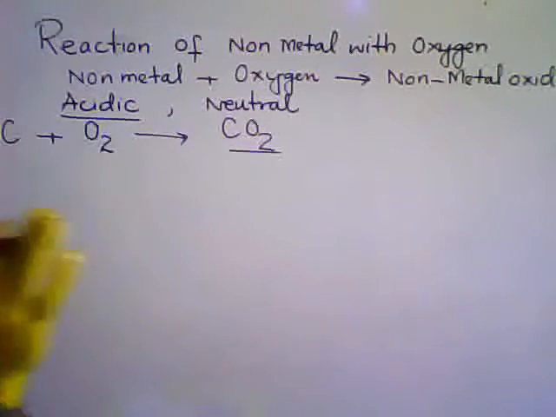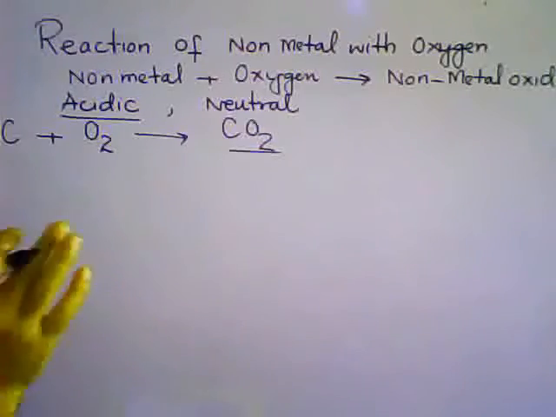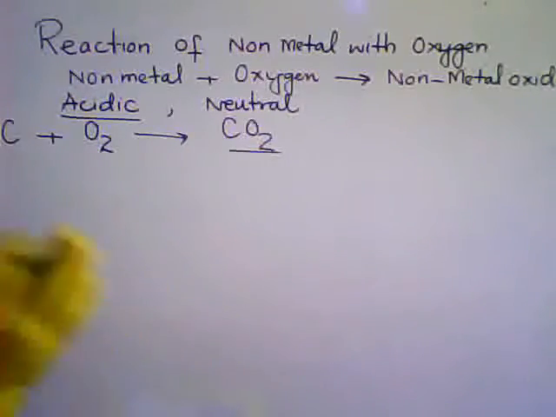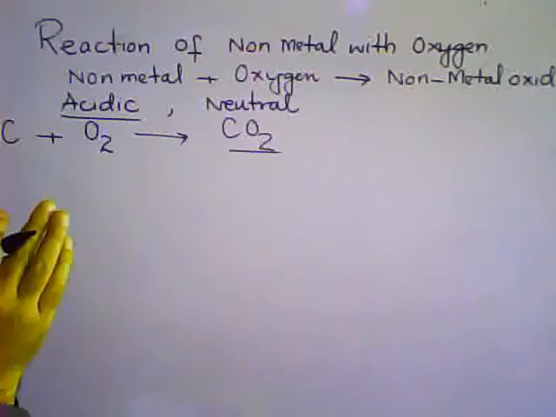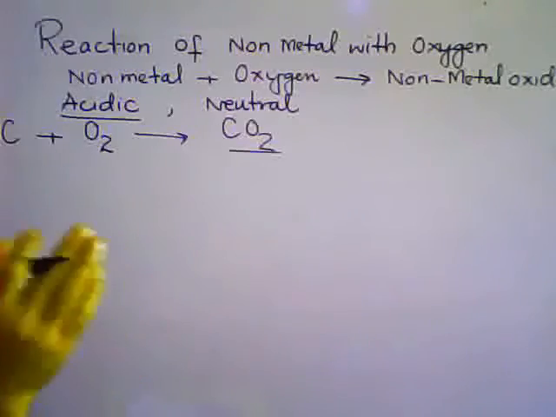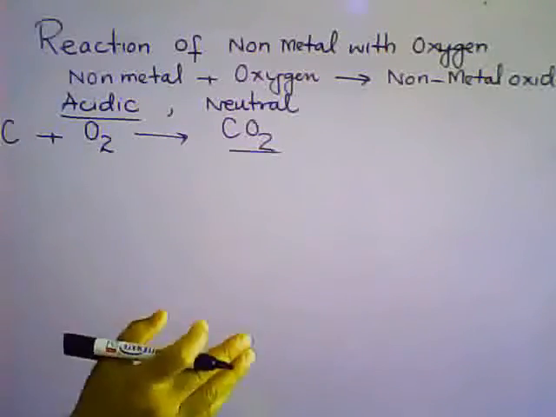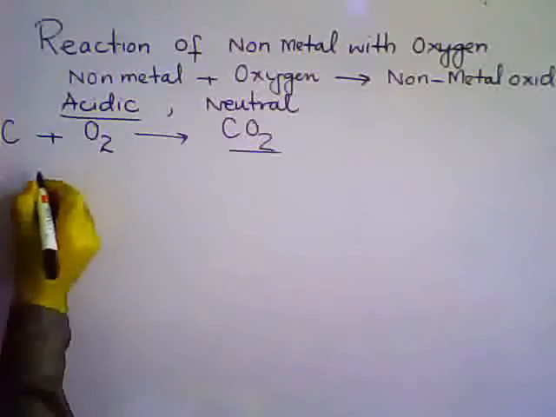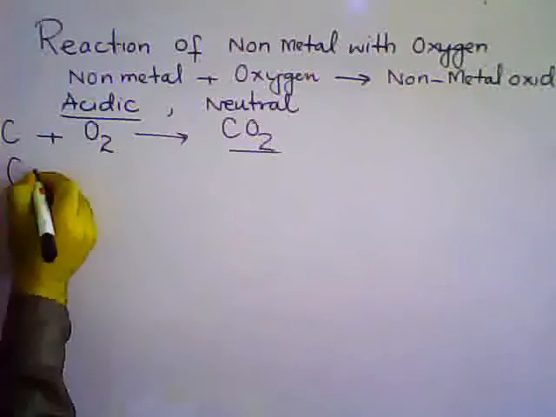What we have to do is make a solution, dissolve it in water, mix it with water. If it shows blue litmus converting to red litmus, or red litmus converting to blue litmus, accordingly we will name that oxide. Okay dear, first of all we are dissolving it in the water.